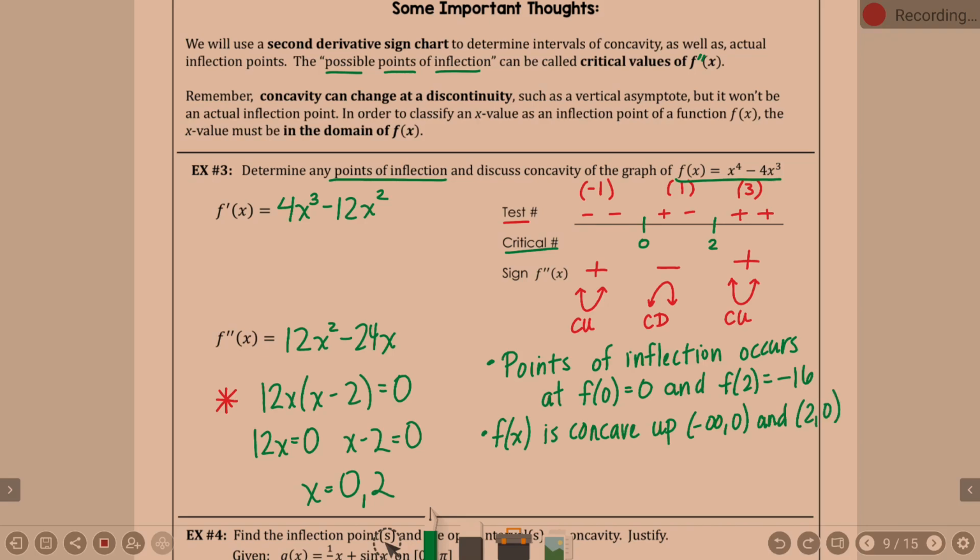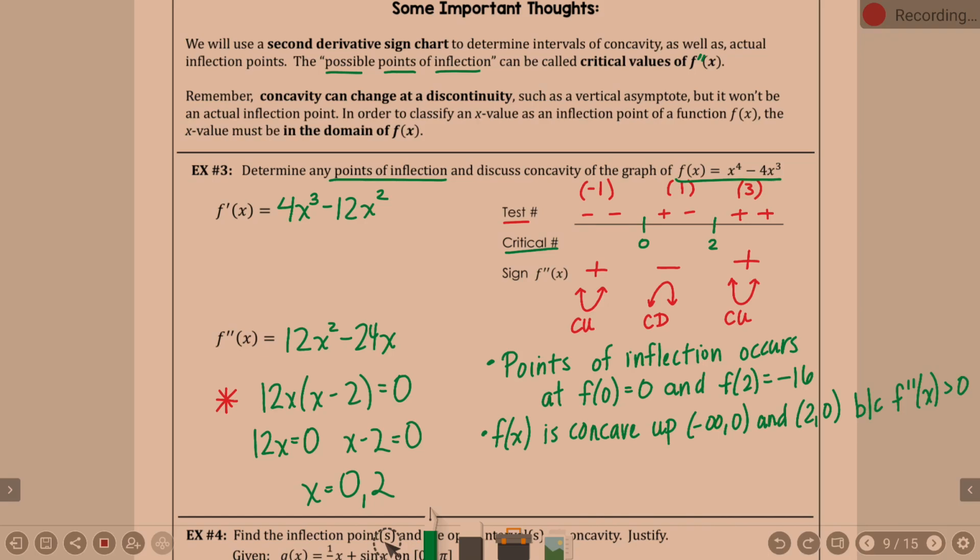Why is it concave up there? Because the second derivative is greater than 0. Okay, so your AP reasoning here is because the second derivative is greater than 0.